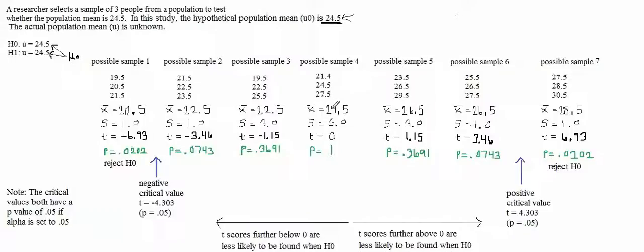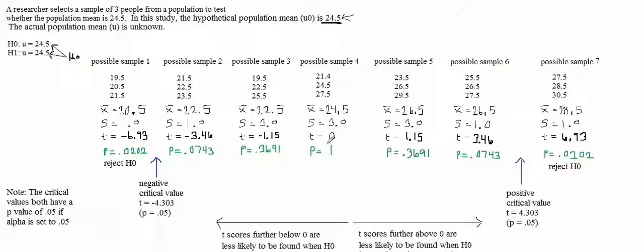The sample mean is dropping from equaling the hypothetical value to being 2 lower than the hypothetical value, and the t-score is going below 0. And when the sample mean drops to 4 lower than the hypothetical value, the t-score gets even further below 0. So we can see how the t-score depends on the difference between the sample mean and the hypothetical value that the researcher selected.